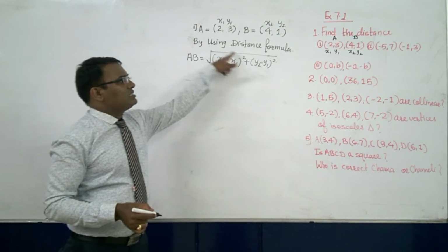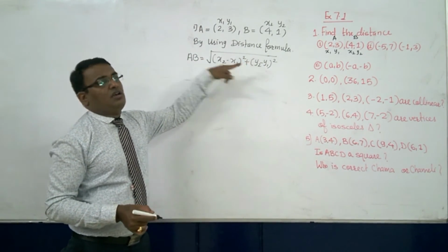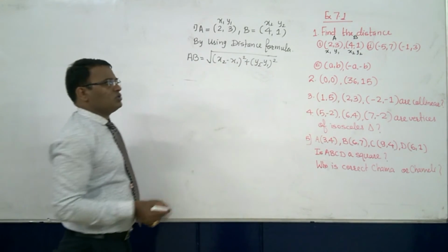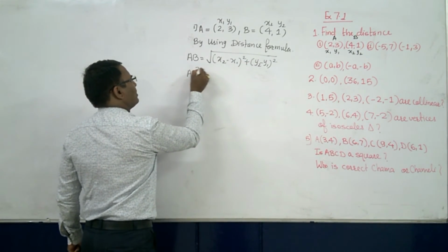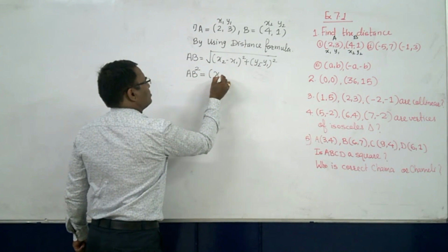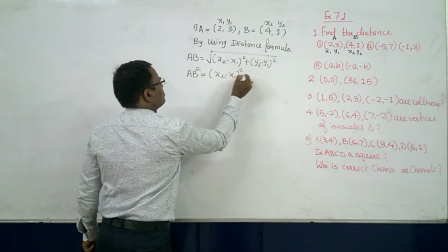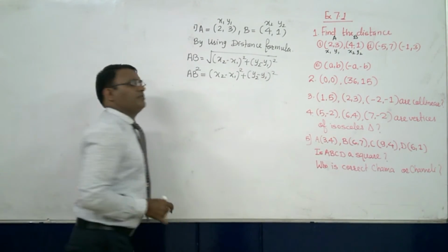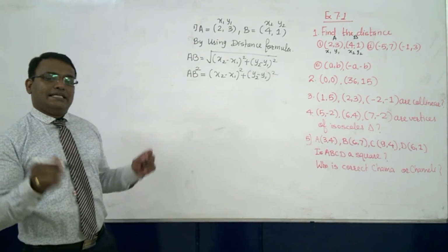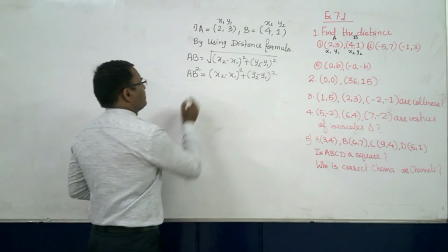Every time writing this radical sign is difficult or boring, so what I used to do is this way: AB square is equal to x2 minus x1 square plus y2 minus y1 square. The value of both the formulas is the same. Both are one formula only.